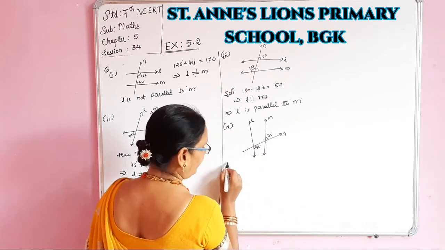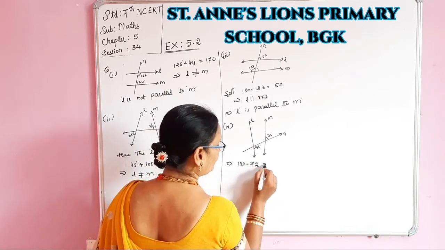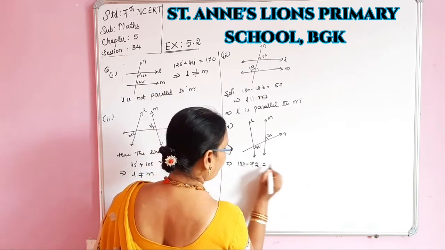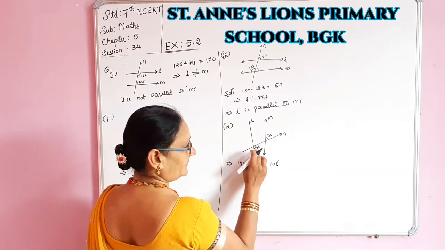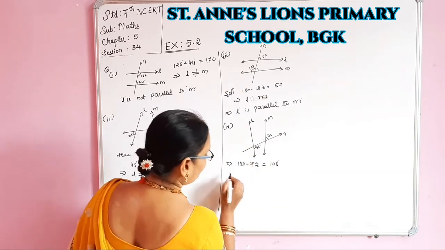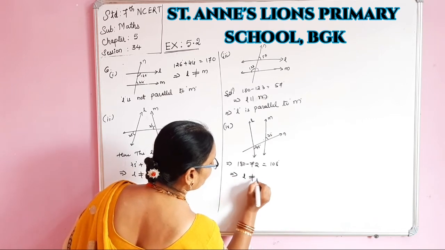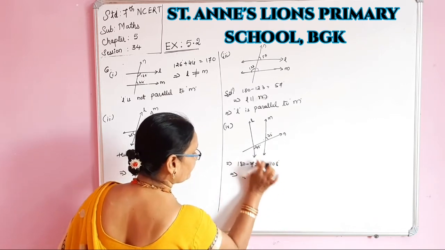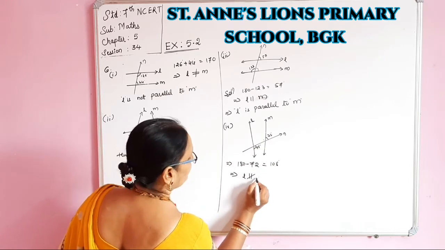Now 180 minus 72 is 108 degrees. This must be 98. Then these two will be equal. So the given lines are parallel. Now this is not. So this implies that L is not parallel to M.